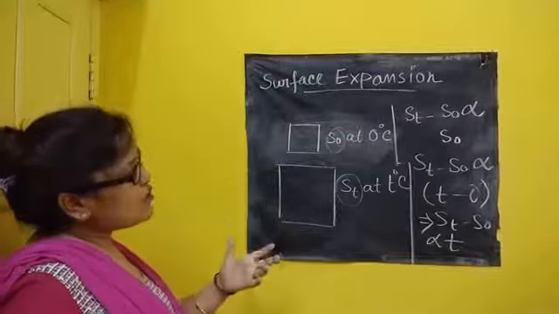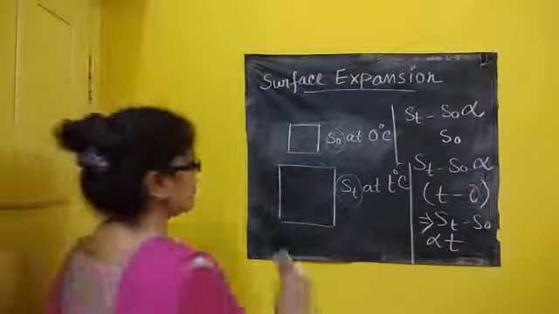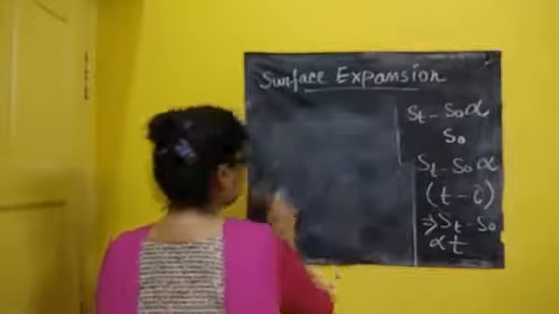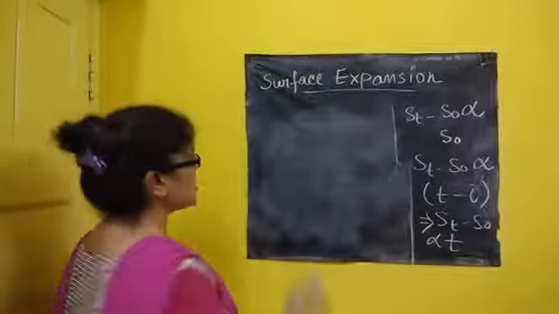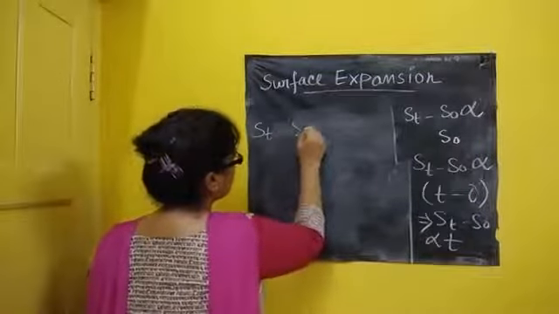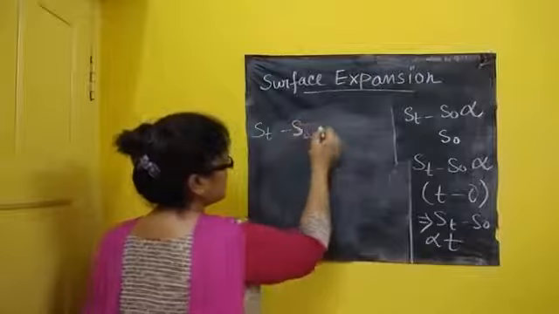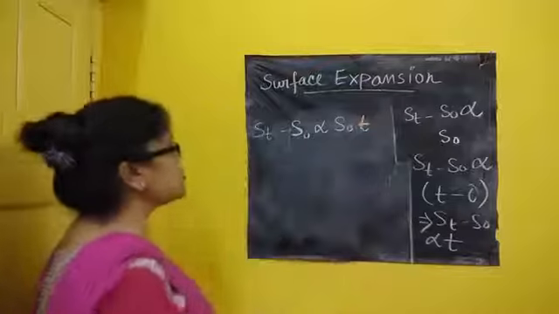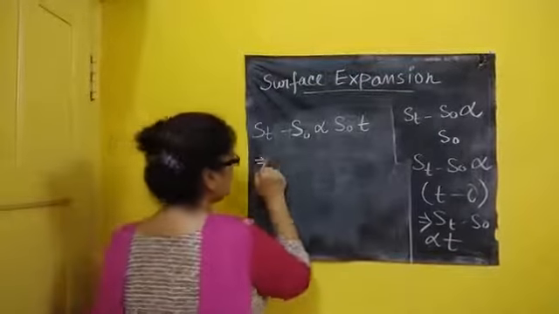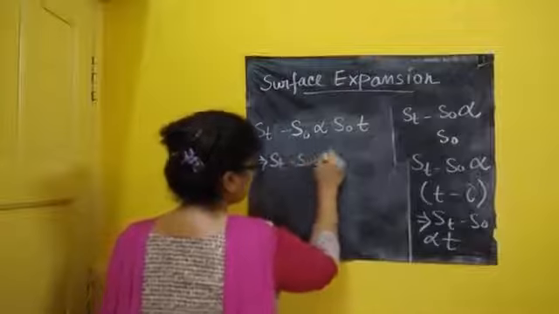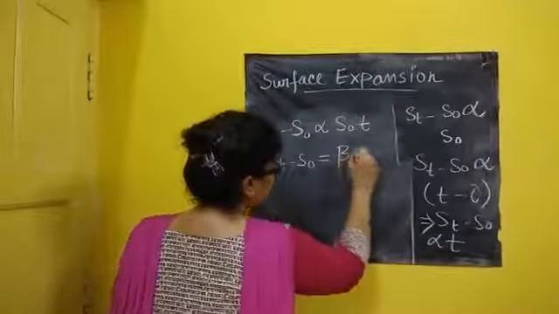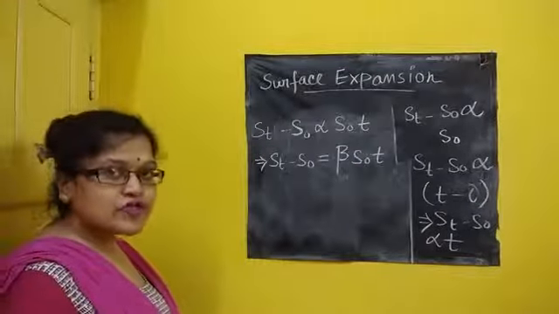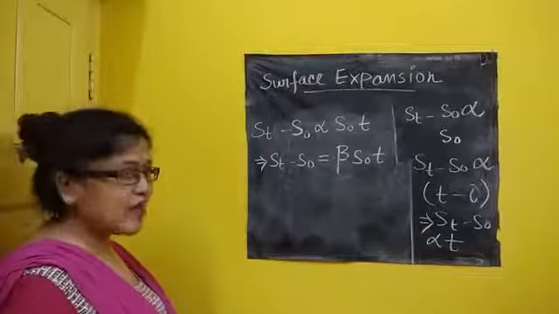So just like the previous one, from these two I can write St minus S0 is proportional to S0 T. To eliminate this proportionality sign, I will write St minus S0 equal to beta S0 T. That beta is nothing but the coefficient of superficial expansion.